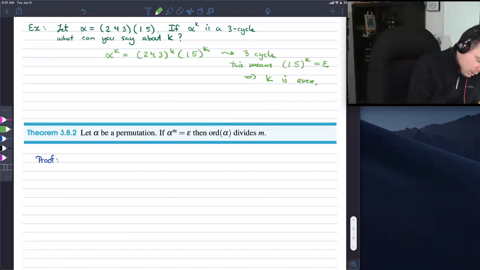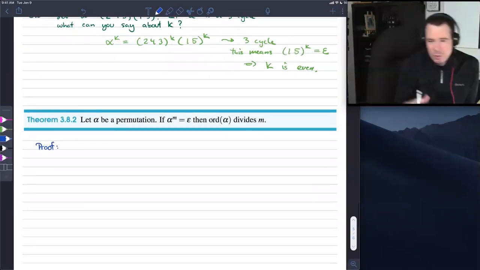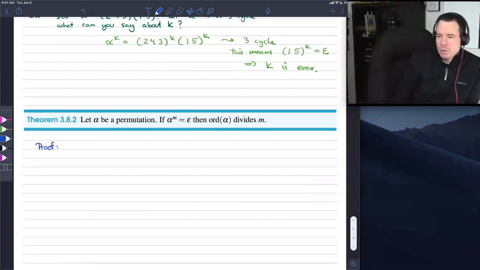And I wanted to prove this. We introduced it last chapter, and we've used it now, but it's worth proving just to see how the ideas of divisibility theory that we developed can be used to prove results like this, and how all these things fit together in terms of arguments.